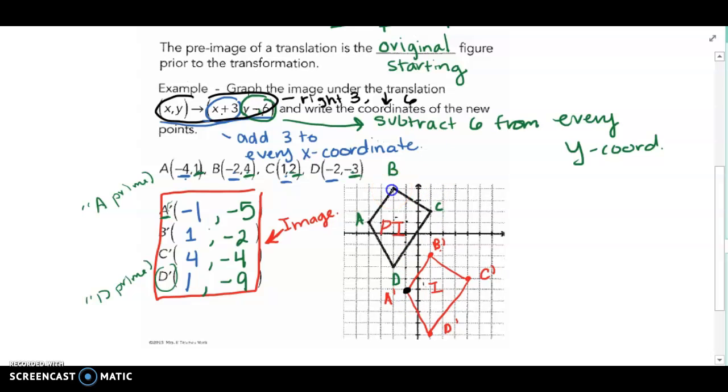From B, if we went right 1, 2, 3, and down 1, 2, 3, 4, 5, 6, we would be right here at B prime. Okay, so the same thing is true for C prime, same thing is true for D prime. So all we did is we shifted this pre-image to the right 3 and down 6.